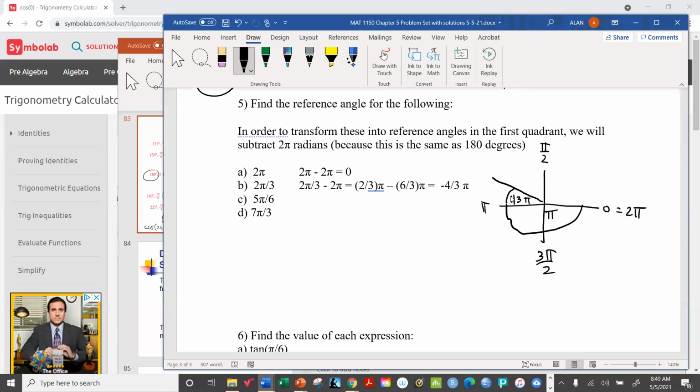So what we need is the reference angle in the first quadrant, which means coming around this way. Oh man, this is awkward. Hold on, pi/2.